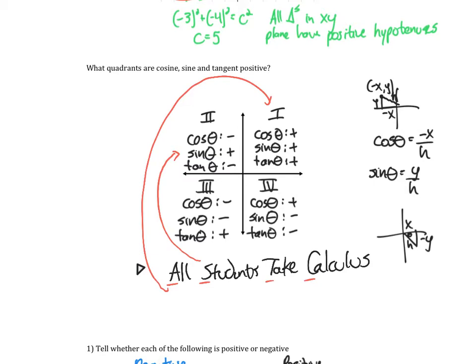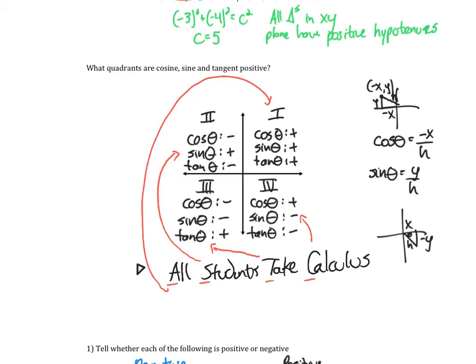You should know that the reciprocals would follow suit. Quadrant 2, the only thing positive is sine. The T in take represents that only tangent is positive in quadrant 3, and then the C in calculus represents that only cosine is positive in 4. So those letters, all students take calculus, represent the quadrants 1, 2, 3, 4, counting up like that.